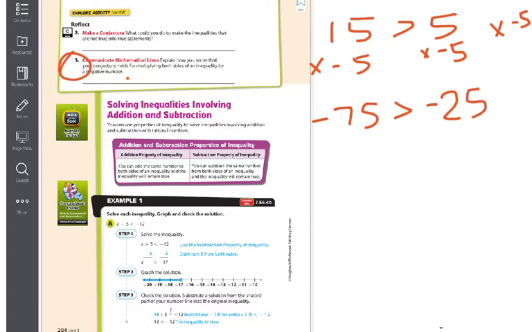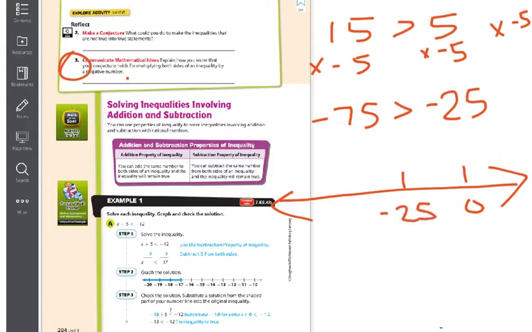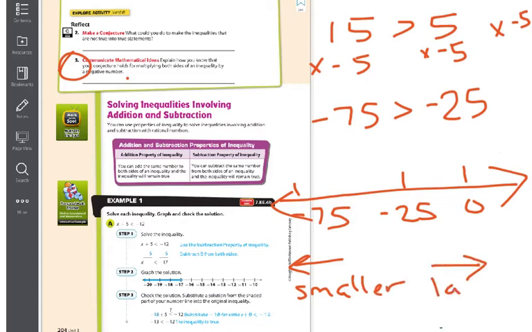Well, this can be a little bit confusing because we're talking about negative numbers, so I really want to sketch a really quick number line here, and I know that my 0 is here, and my negative 25 would be here, my negative 75 is over here, and I know that anything to the left is smaller, and anything to the right is larger or greater.